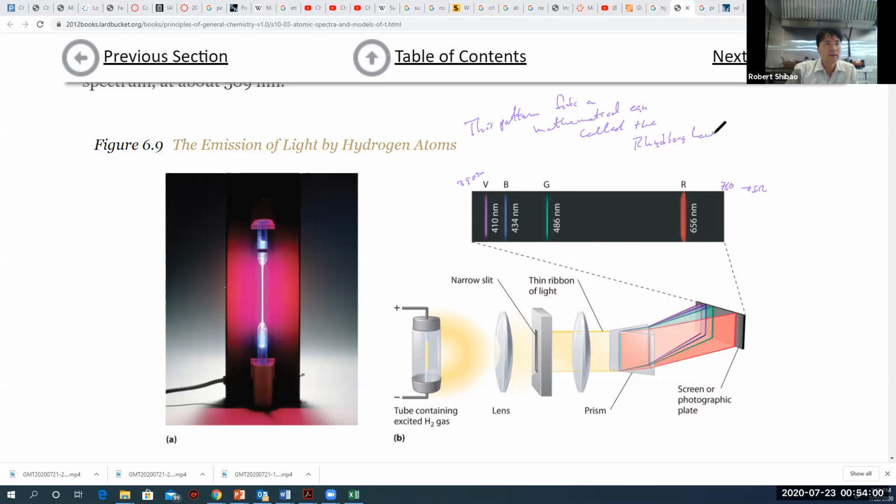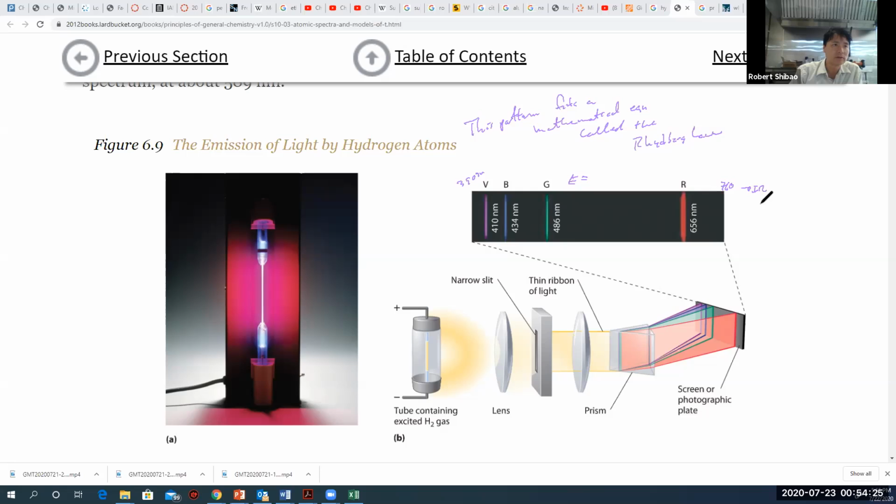So what's a hypothesis? It's a simple law. The Rydberg law looks like this. The energy of the light is related to the wavelength.